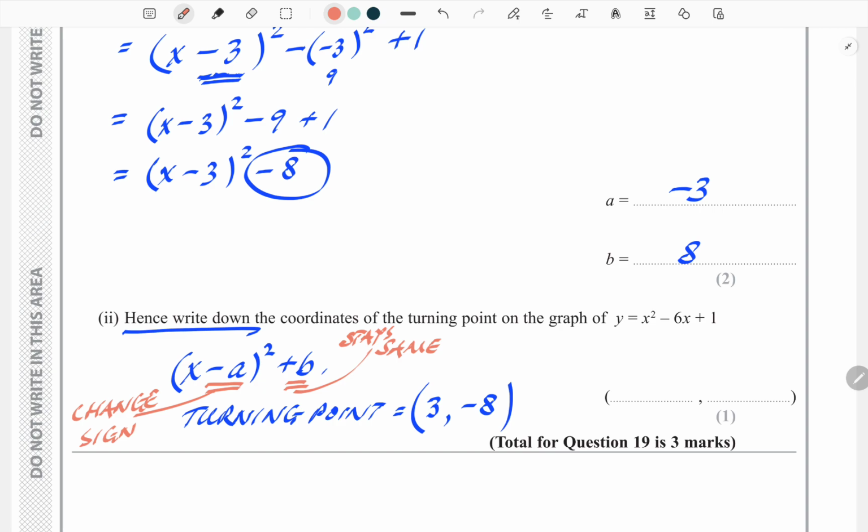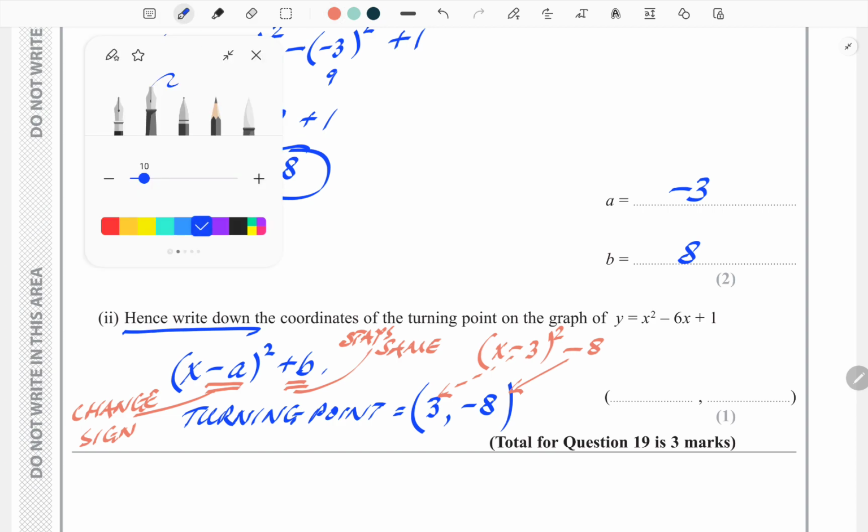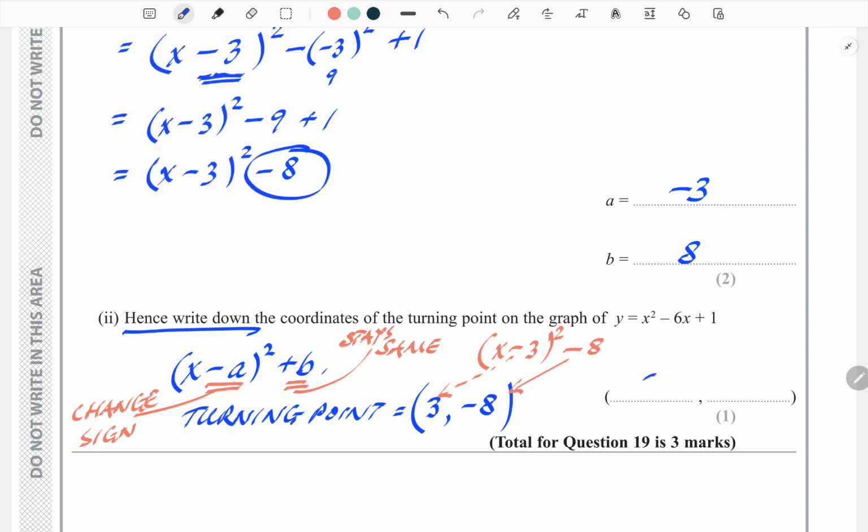And just remind ourselves what the final version was. X minus 3 squared minus 8. So the minus 8 stays as it is, and the minus 3 changes to a plus 3. Okay? Right. So 3 and it's minus 8.